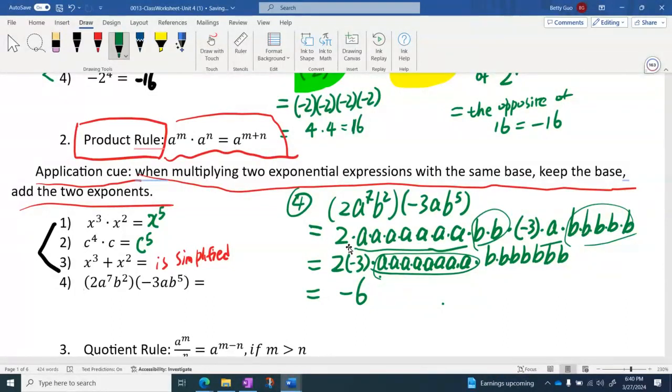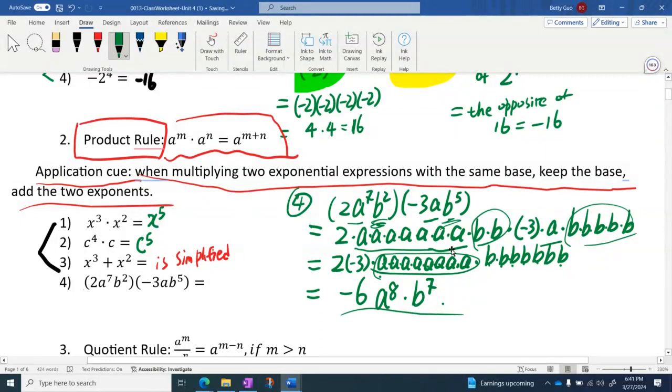So we can rewrite this repeated multiplication as the exponential expression a to the power of 8, because we have 8 of them. 7 from here, 1 from here, 8 of them. And then how many b's do we have? 7 b's, because we have 2 from here, 5 from here, so it's 7.